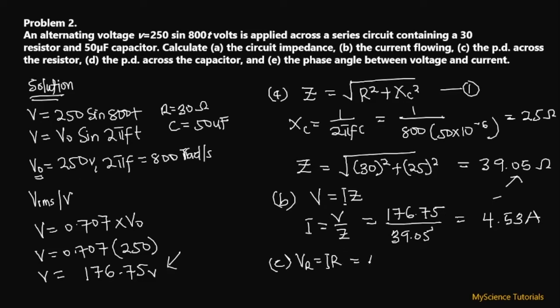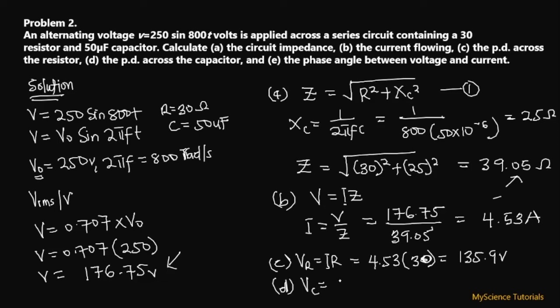So we have 4.53 multiplied by 30. If we compute that in our calculator, it will give us 135.9 volts.